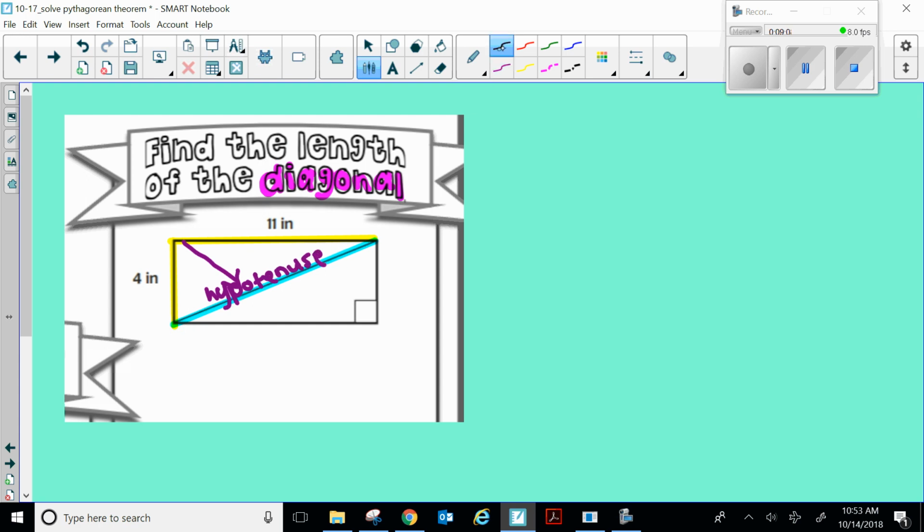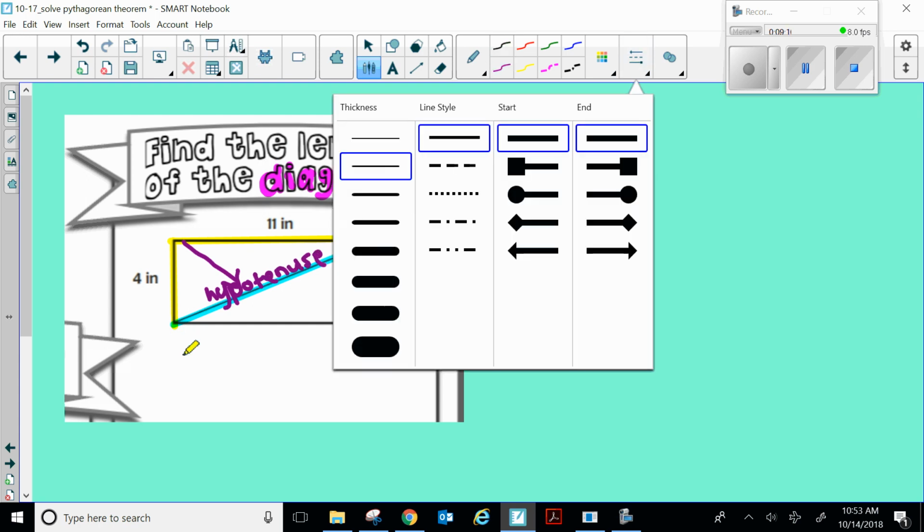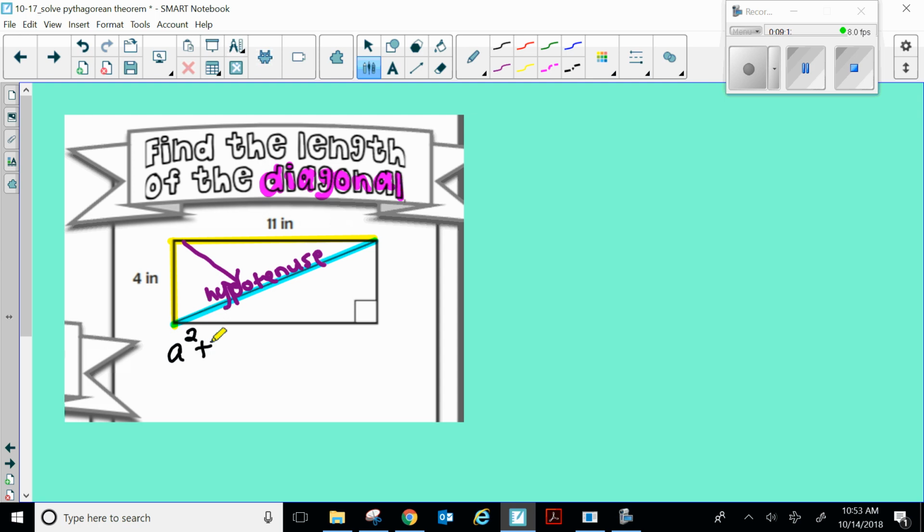So using my theorem, I will do a squared plus b squared equals c squared. 4 squared plus 11 squared, that will give me c squared. 4 squared gives me 16. 11 squared gives me 121.